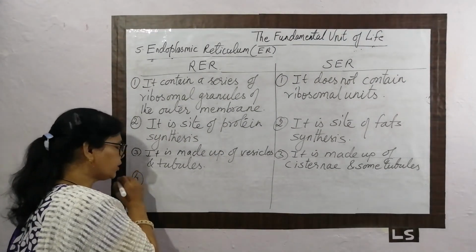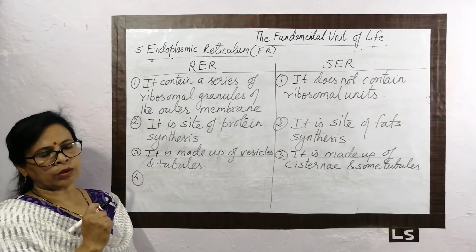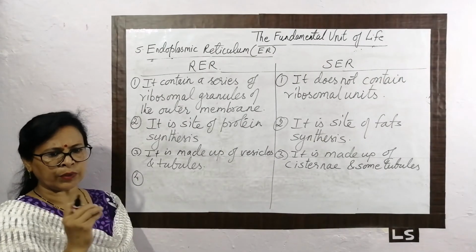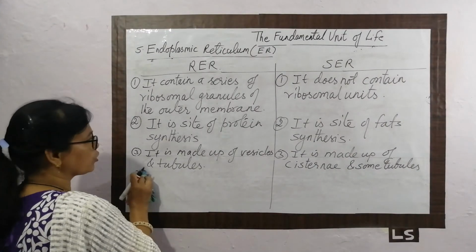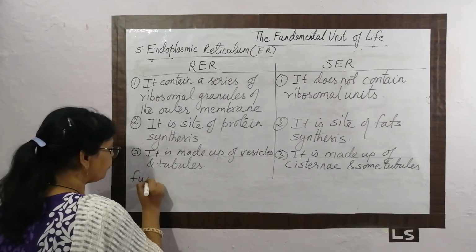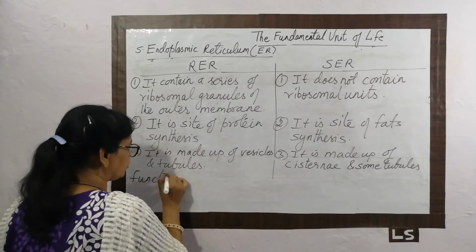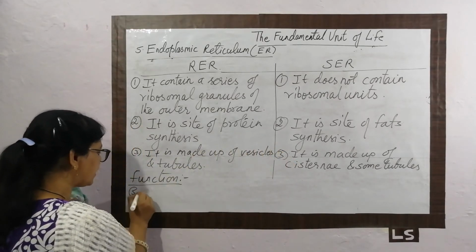Now what is the fourth difference between these two? The fourth one we do not consider as a difference, but it is one important function. This is the fifth function of the endoplasmic reticulum, which is actually performed by the SER. And what is that function?